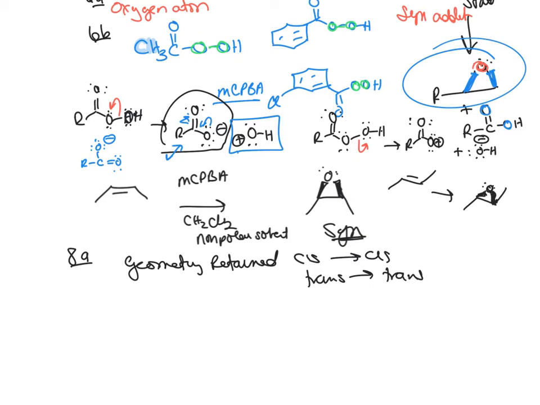Okay, so this means if two groups on the alkene were cis, they would remain cis in the epoxide product. In the following reaction scheme, circle the products that clearly show retention of alkene geometry in epoxidation. Okay, so here we have this compound. And we're adding RCO3H, which is a peroxy acid.